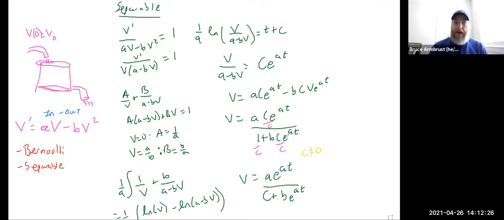Anyway, let's use our initial condition to find C. So let me change colors over here. So we're going to have V naught equals A over C plus B, because the e to the ATs become 1s. So C is going to equal A over V naught minus B. So we put that back in.